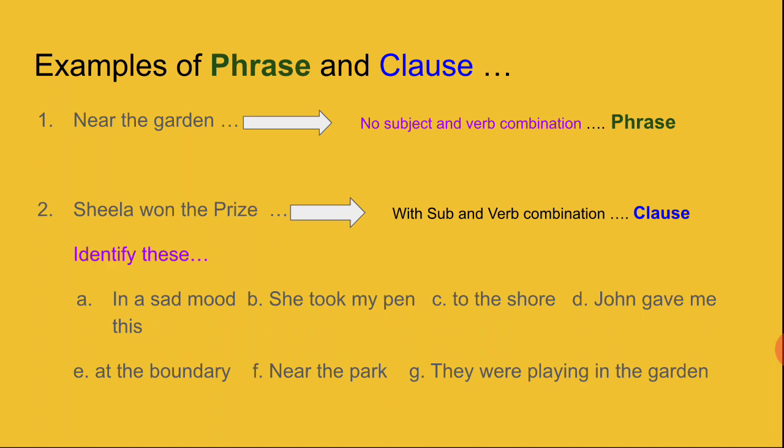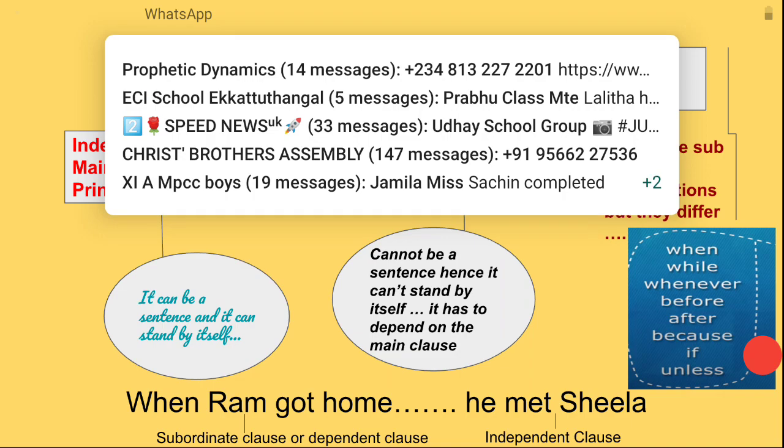If you find a verb, what is it? Third one, to the shore. John gave me this. Next one is at the boundary. Next one, near the park. The last one is they were playing in the garden. Okay, I hope you can easily find out the phrase from the clause. Okay, let's move on.